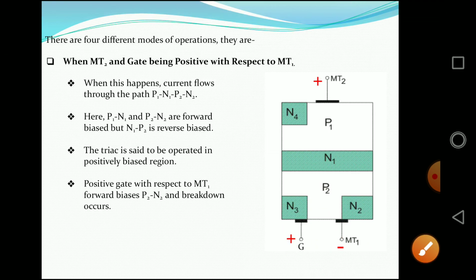Next, the operation of a TRIAC is defined in 4 different modes here. Based on how we connect the supply at the 3 terminals, the operation of the TRIAC is divided into 4 modes. The first one is when MT2 and gate are made positive with respect to MT1.